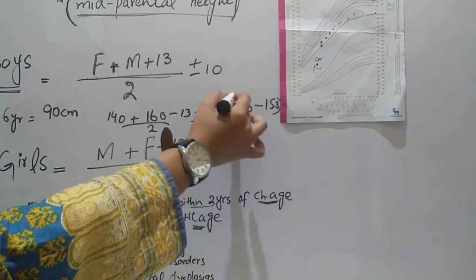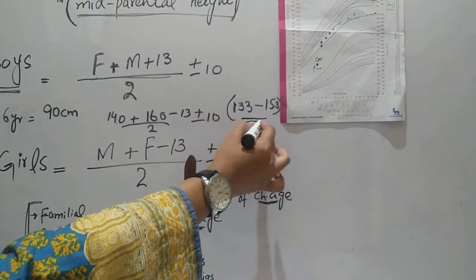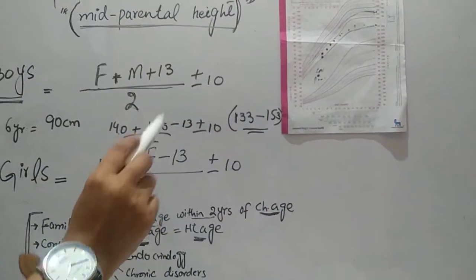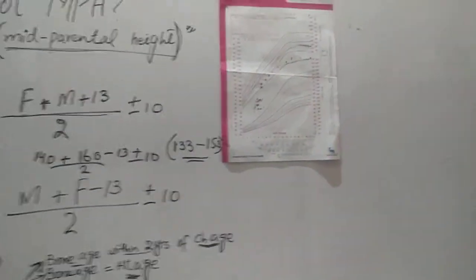So your target height curve will be between 133 to 153, and you will first plot this height on a graph.